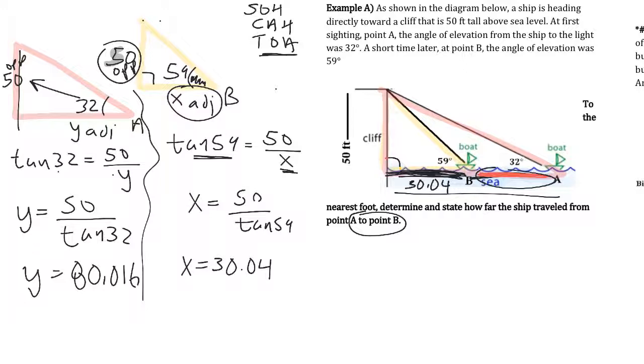Now the question is asking me how far did the boat travel from A to B? Well, the whole thing from A to the cliff is 80.016. A piece of it from boat B to the cliff is 30.04. So to find the distance between them, I just have to subtract 80.016 minus 30.04.